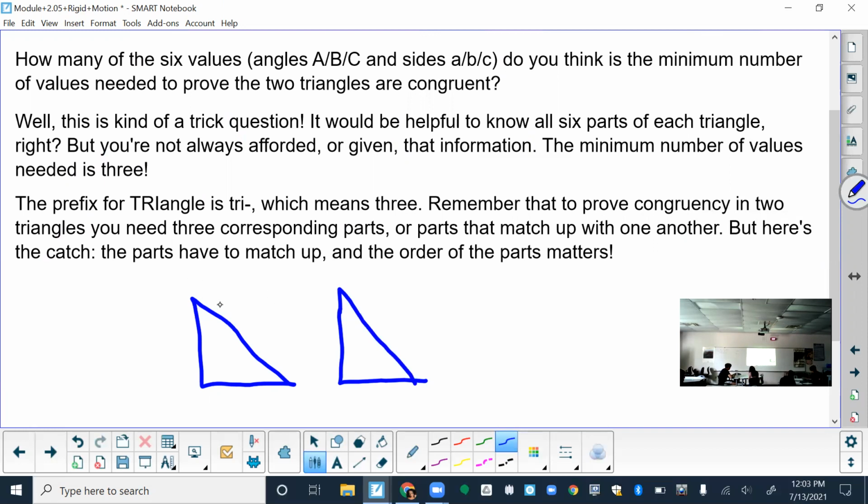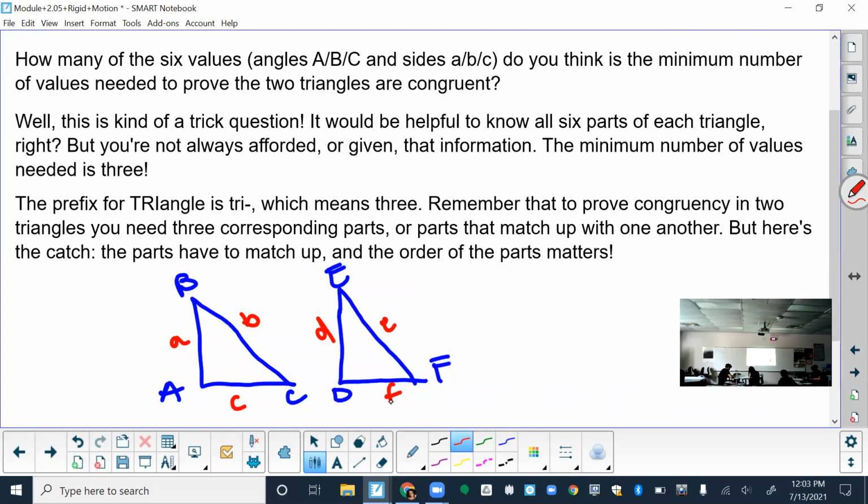And label them the same way that I am labeling these triangles on the board. So we have triangle ABC, triangle DEF, and we'll put the side lengths as lowercase abc and def. So label it like that.